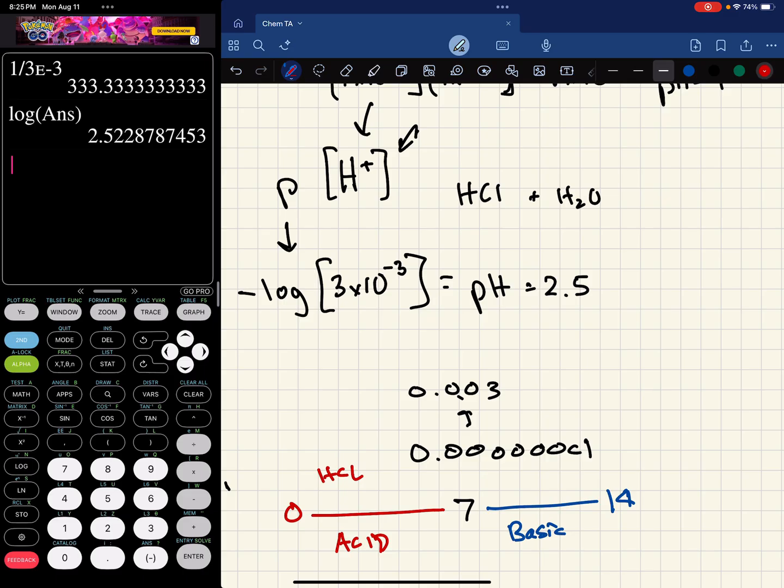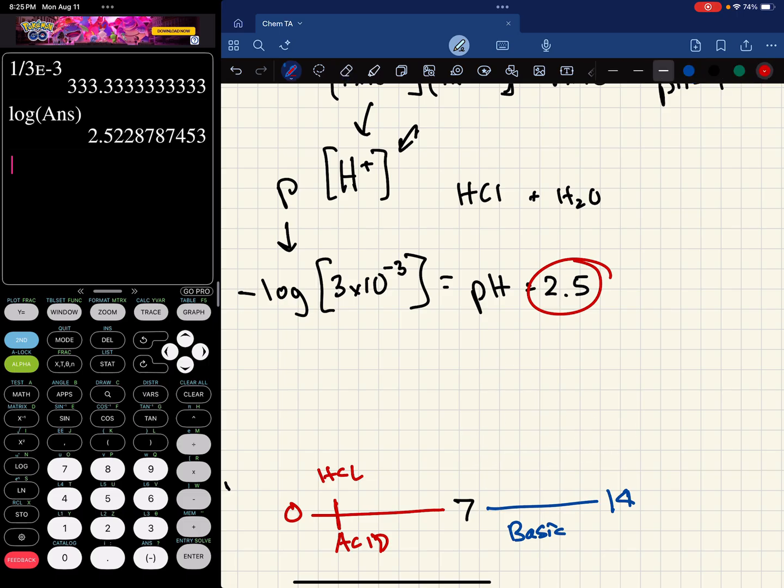I'm just showing you how to calculate this. It was 2.5, so that's going to be like right here. So that's very acidic. And this is strength. The farther over here it is, the stronger it is. Okay, so we have a very, very acidic solution. Yeah, lots of H plus ions. Okay, hopefully that makes sense.